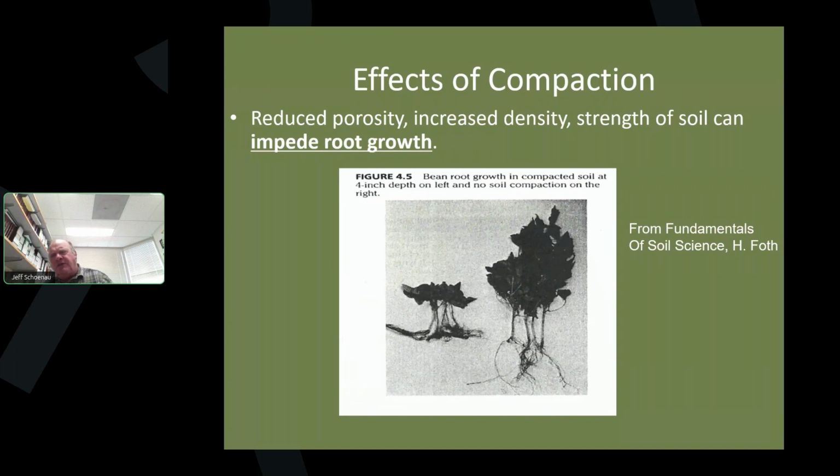But generally, if you think about bulk density, anytime you get above about 1.6, 1.7 grams of soil per cubic centimeter, you're really talking about a lot of plants having a little bit of a tough time getting their roots to penetrate through soil of that density.